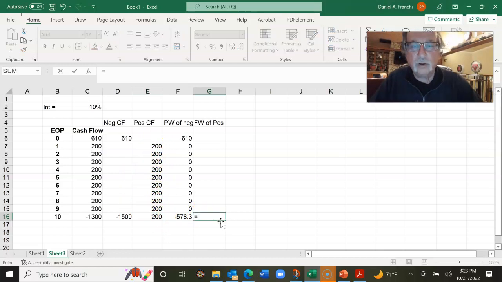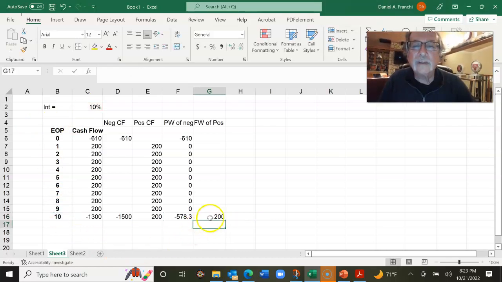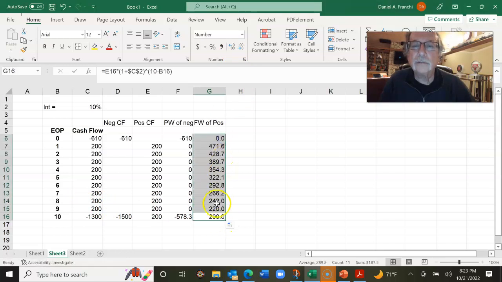So it's going to equal this times 1 plus i raised to the 10 minus n. You can verify that yourself. Let's move that decimal point over 1. So this should be 220. It is.